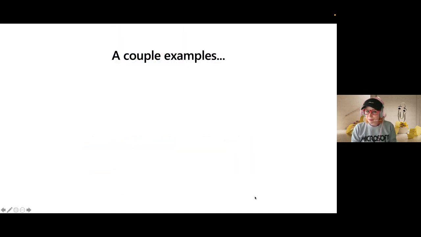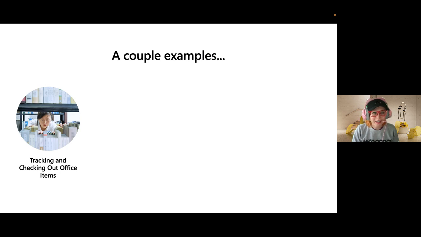Now, here's a couple examples that I created based off my own previous experience as an admin and a recruiter. So first off, tracking and checking out office items. I used to work at a startup where we had a company library where people could physically go up to the library, check out a book, and return it at a specified time that we would set in an Excel spreadsheet.